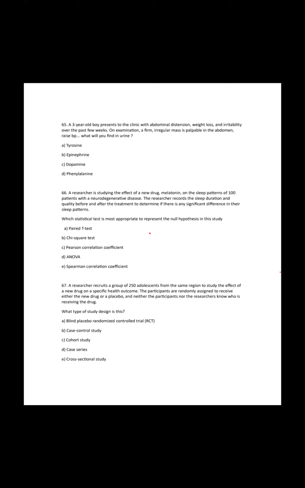basically metanephrines we are checking in urine with neuroblastoma. Metanephrines or vanillylmandelic acid. They are coming from adrenal gland tumors or other types of tumors.